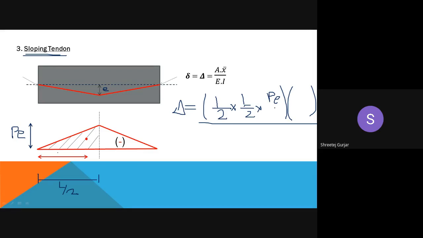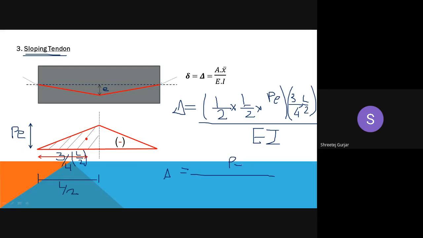Sure, 100%. Okay, so it is 3/4. 3/4 of what? Of L by 2. Correct. So it is 3 by 4 of L by 2, divided by I. Now simplify this and tell me the answer.